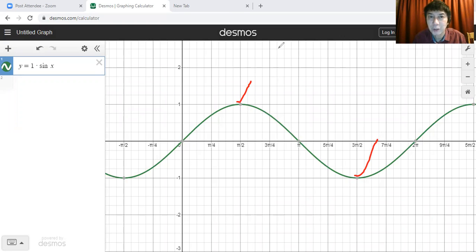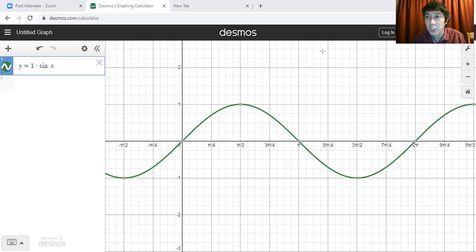This amplitude is this length here, from here to there. That particular height is 1, so that's what you call the amplitude.